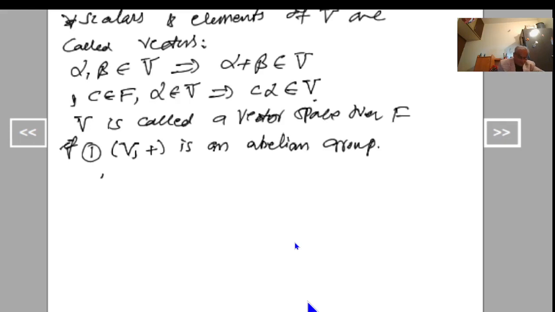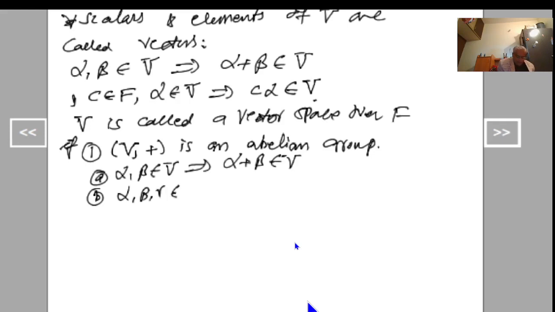So if alpha and beta are any two elements of V, then alpha plus beta must be an element of V. Second one: alpha, beta, gamma are elements of V, then alpha plus of beta plus gamma is equal to alpha plus beta plus gamma. This is true for all alpha, beta, gamma belongs to V. And the third one is the identity.